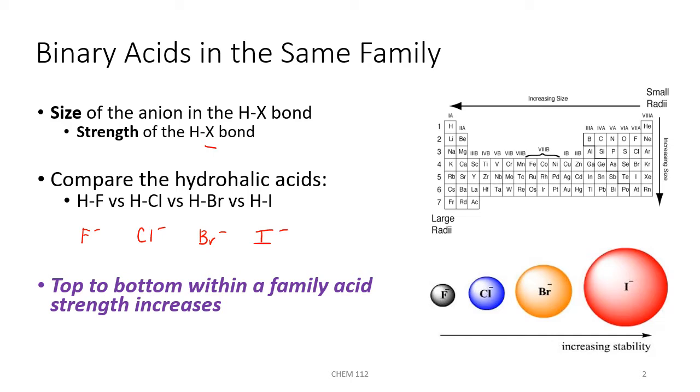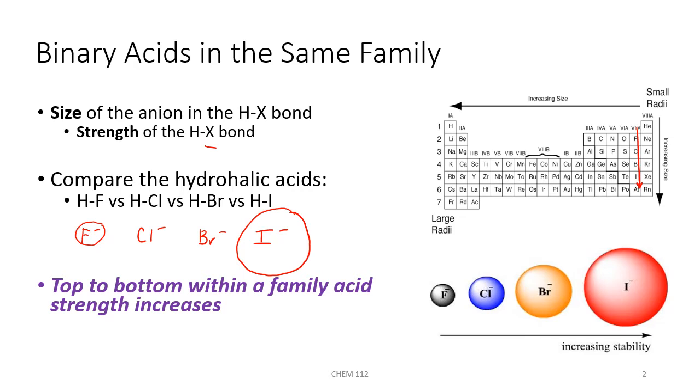Now notice in this case we are starting at the top of our family and we're working our way to the bottom. In each case, the size of the ion is getting larger as we go from top to bottom. So fluoride is a rather small anion and iodide is a rather large anion.